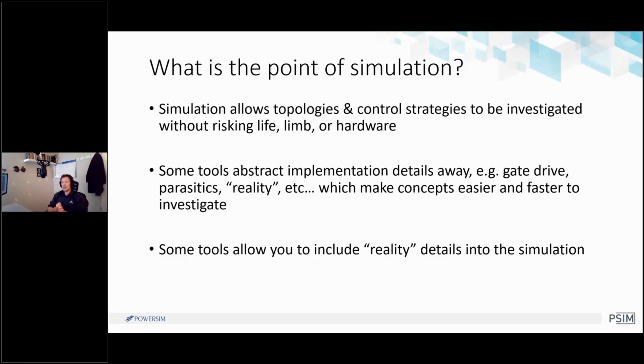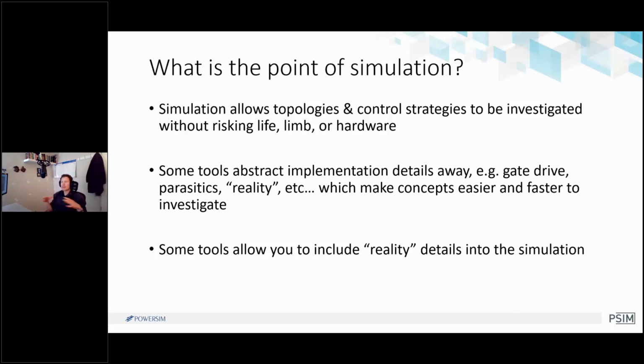When it comes to simulation, we always need to ask ourselves, what am I simulating and why, and what am I hoping to learn from the simulation? Some tools abstract implementation details away, so it's easier for you to test a concept. That's things like gate drive or parasitics.